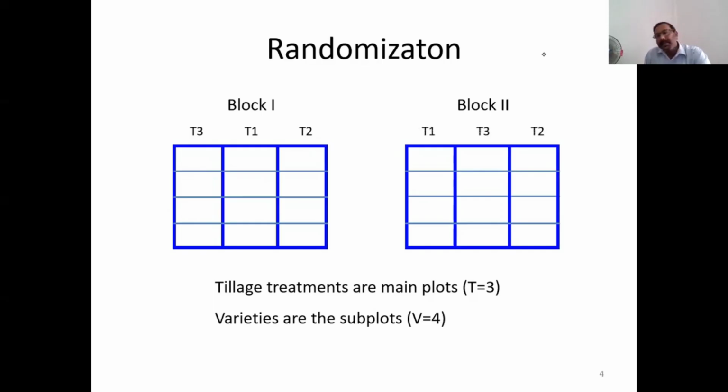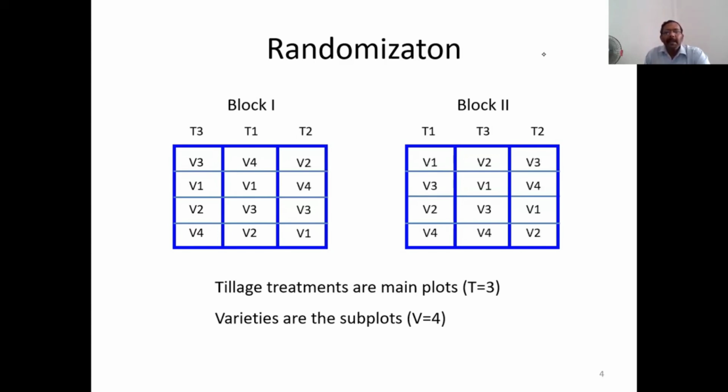Again, you randomize for the second block separately, so they are not identical. The randomization has to be done separately. Then you randomize each variety, which is the subplot, within the main plot separately. This is the first randomization. Look at the second randomization, third randomization. Likewise, you randomize this. Make a note of it.